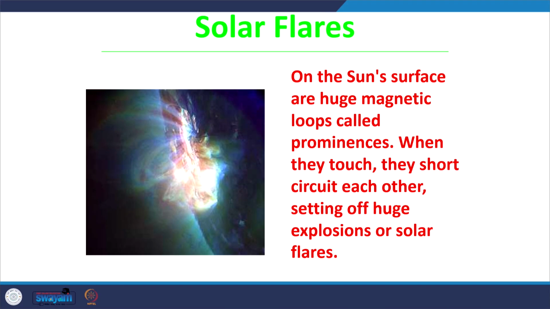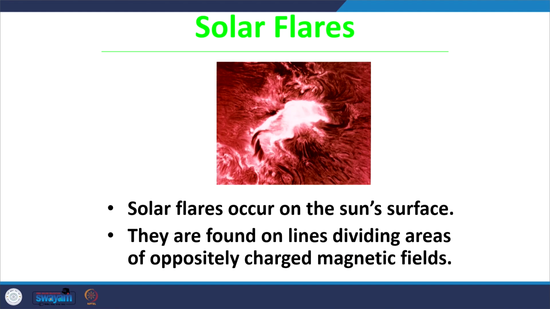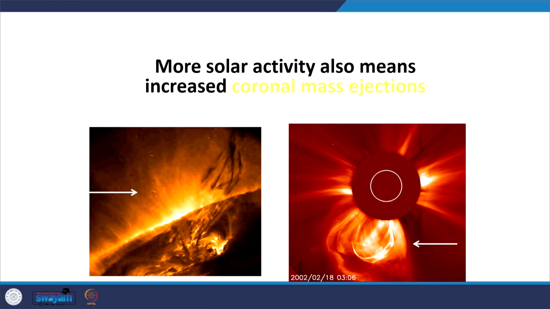Okay, so on the sun's surface, solar flares are huge magnetic loops called prominences. When they touch, they short circuit each other, setting off huge explosions or solar flares. So they occur on the sun's surface, and they are found on lines dividing areas of oppositely charged magnetic fields.